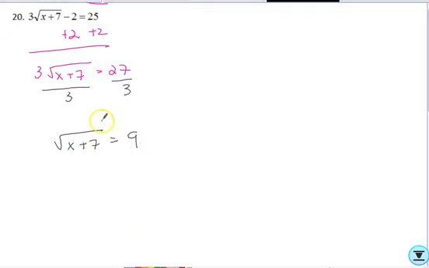Square both sides. Take away 7. We get our answer of 74.